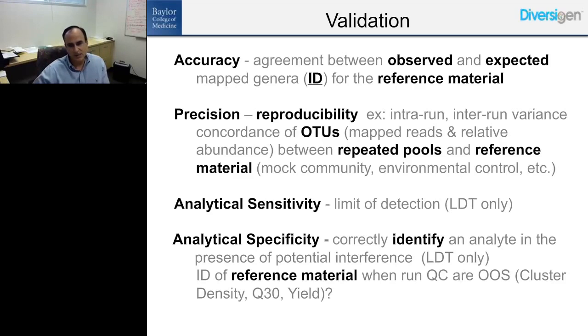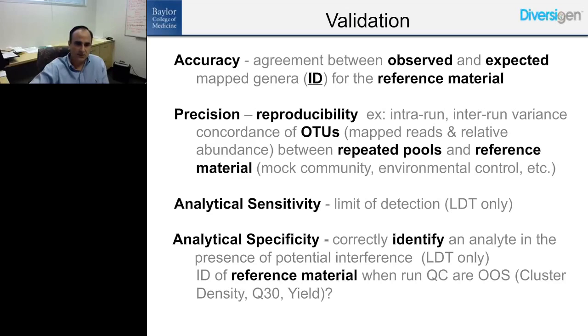One would be microbiome: if we repeated samples within a given pool for a 16S sequencing run, do we get the expected values back? And then the next would be an inter-run comparison. If we completed sequencing on a pool and then we repeated that pool, do we get the expected results? This also works for reference materials, specifically mock communities, which is what we'll talk about in a moment.